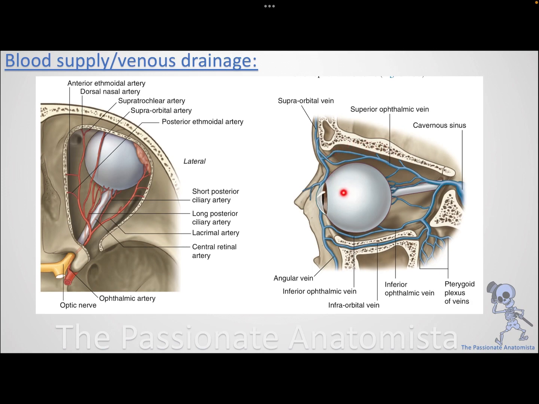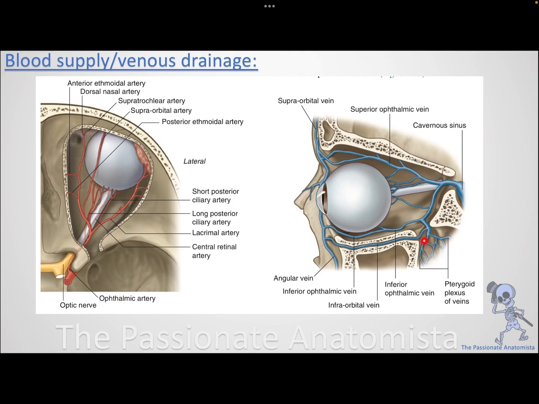If you have infection in the eyeball, it can easily get into your cranial cavity, because you know the cavernous sinuses are on either side of your, remember the pituitary gland and the sella turcica and that stuff in the sphenoid bone. So superior ophthalmic has communication and it drains into this, and the inferior drains into the pterygoid plexus, and that also drains from the facial vein, and even the nose.